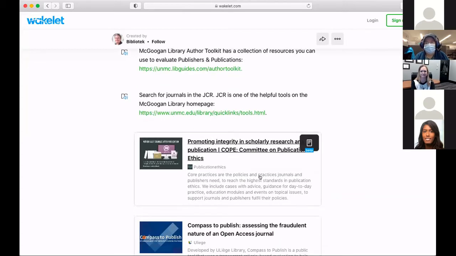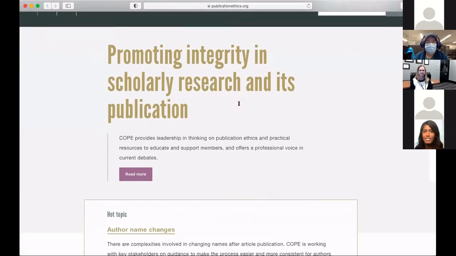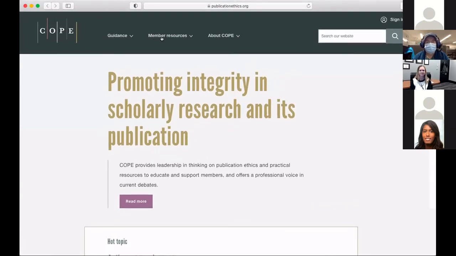A big organization that takes care of looking at scholarly research, and they also have a list of journals, is COPE. And I will go to new share. Integrity. So they do have member resources.